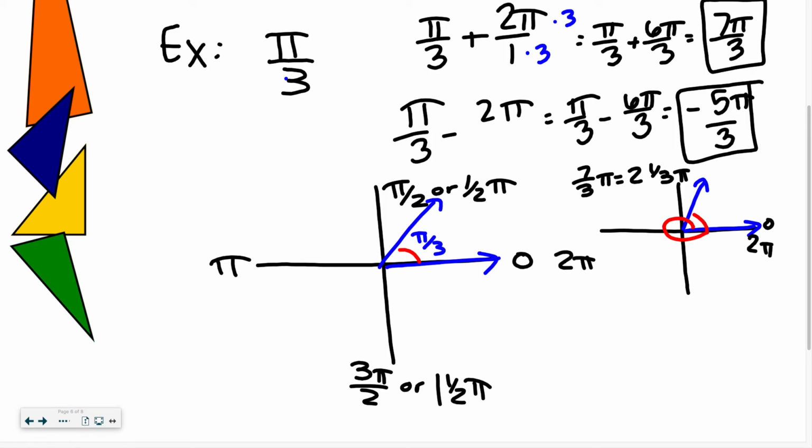So that would mean if I was going negative, I would go 1 whole pi, negative pi, and then 2/3 pi, which would be like negative 1.5. Well, 2/3 is more than 1/2, so you would be over here in quadrant 1 in the same spot. So it's helpful when you're graphing radians to think about them as the fractions.